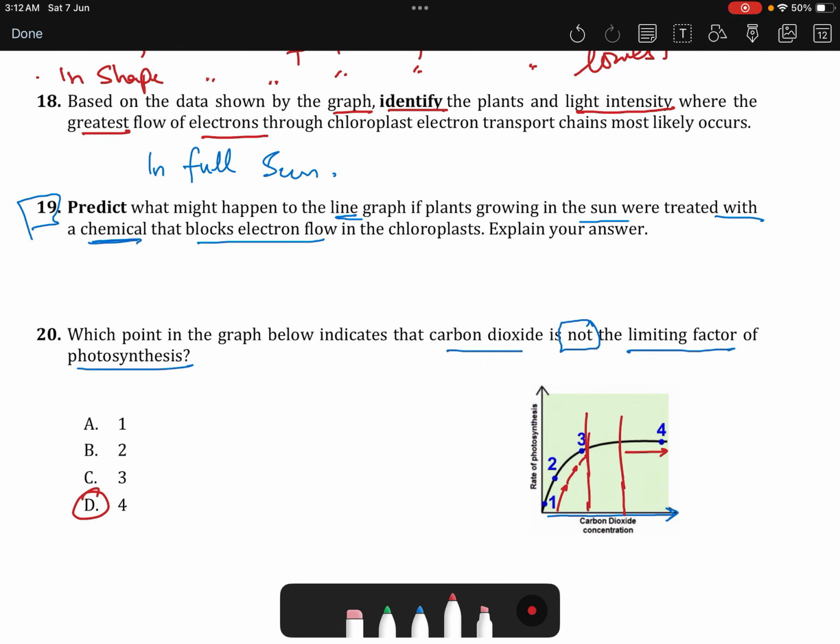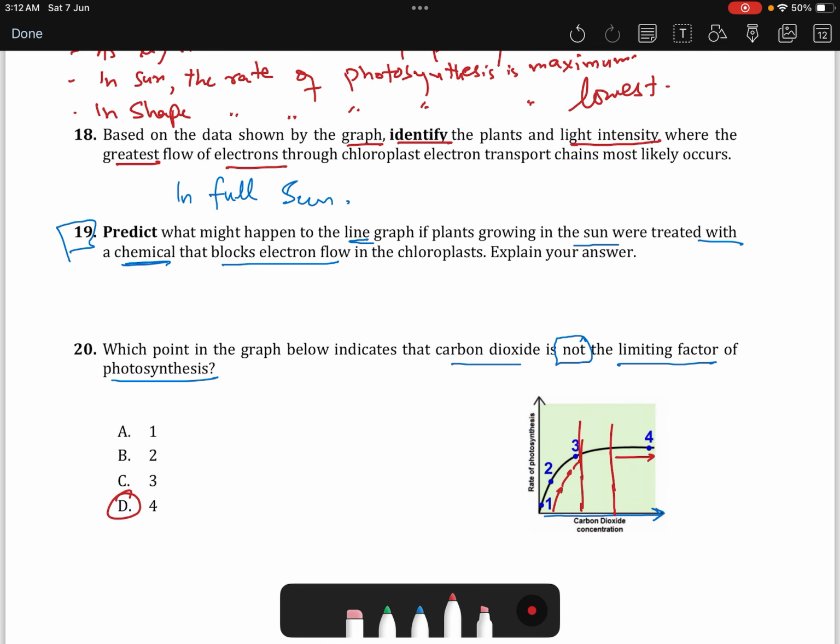There are some other factors that are limiting it now, because carbon dioxide is already increasing. So how can it be a limiting factor? Who is a limiting factor? The one in short supply. Okay, so anything that is in short supply to limit the reaction.